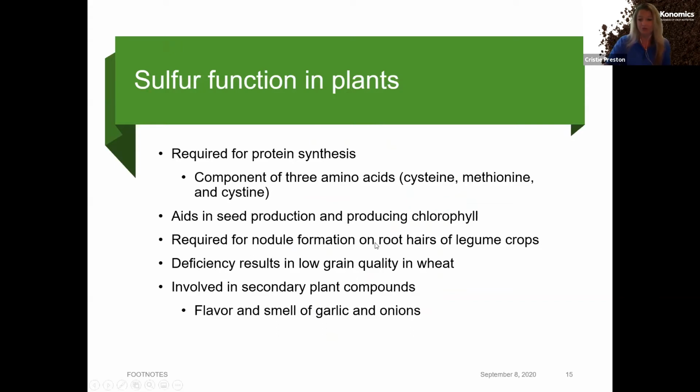Sulfur is required for nodule formation in legumes. So having an adequate amount of sulfur before a soybean crop is essential so that that relationship can form and the rhizobia can fix nitrogen so that the soybean plants have enough nitrogen.